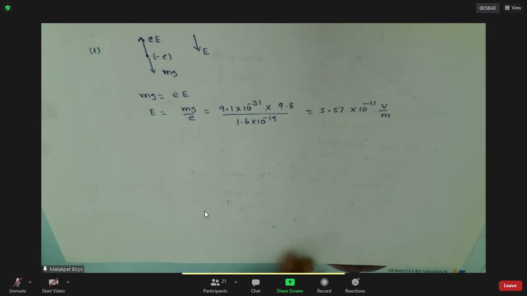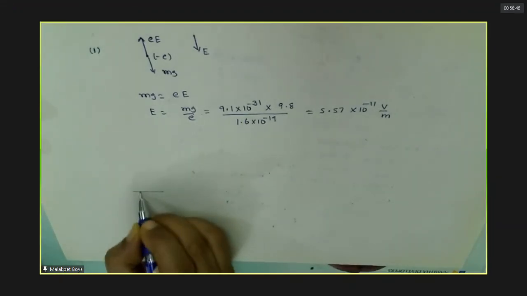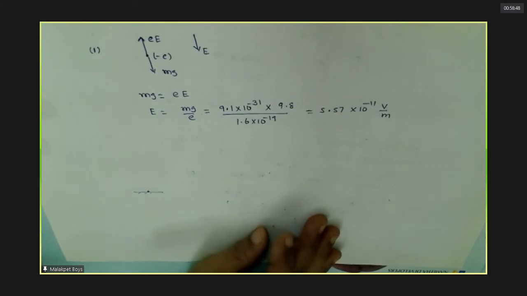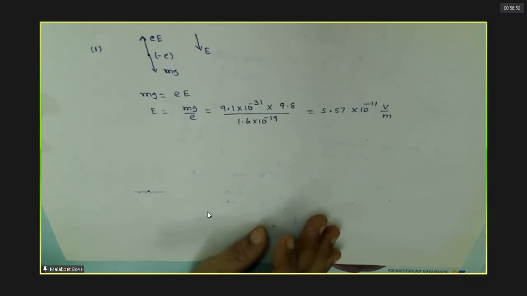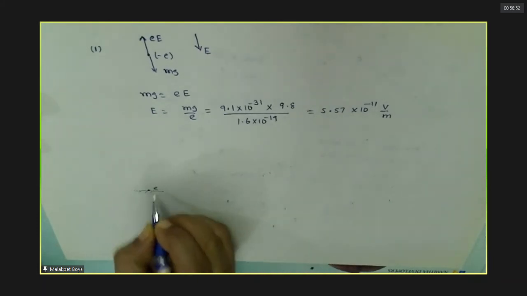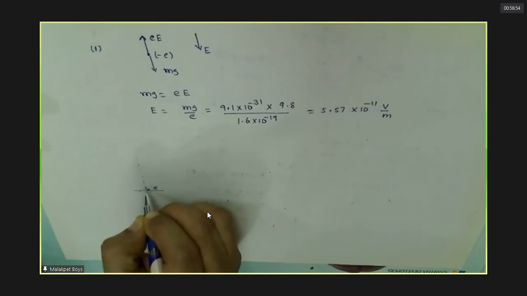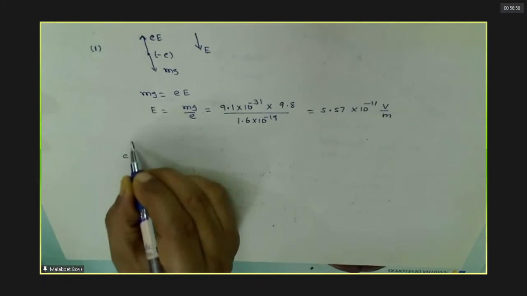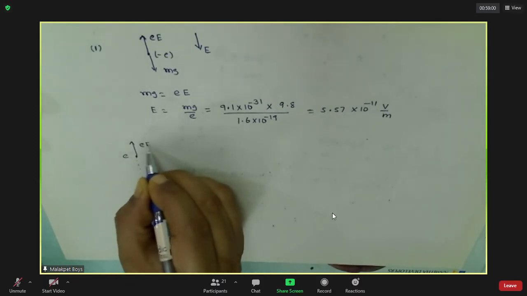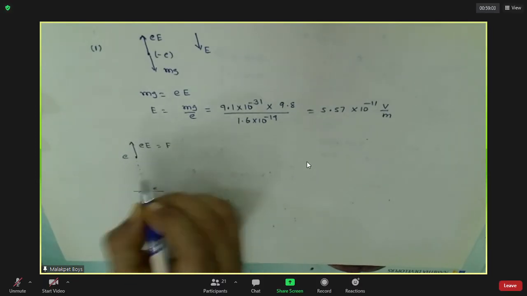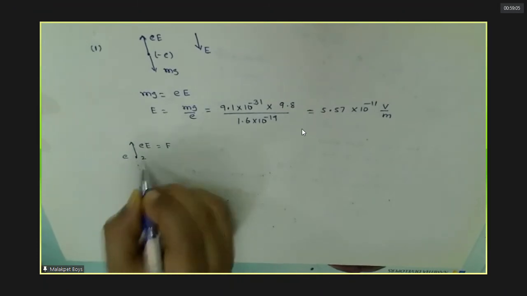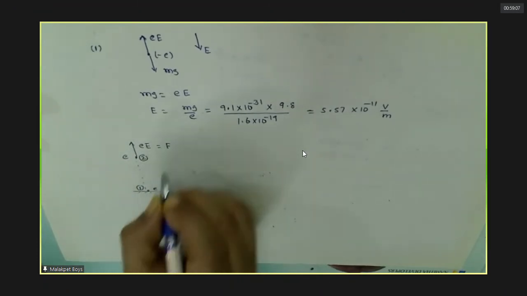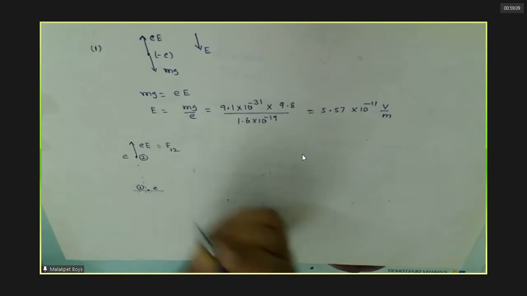What he says is, there should be another electron here, so that this force is E, no? Force on 1 due to 2. That's what is given, no?